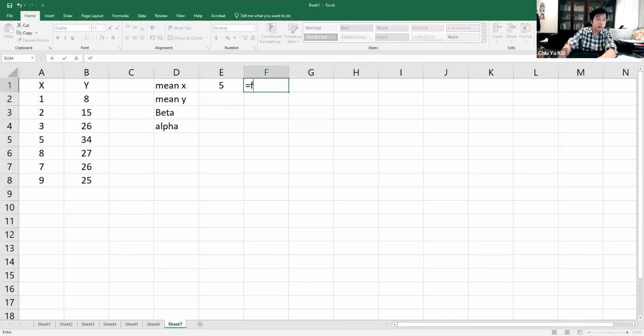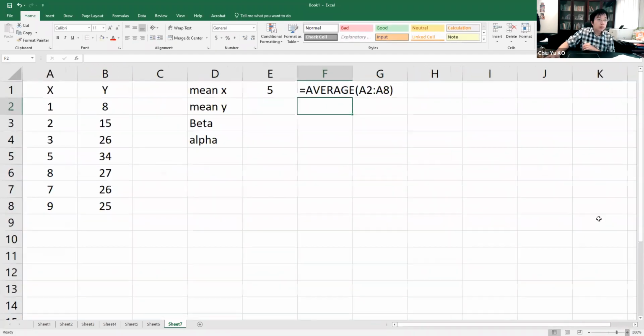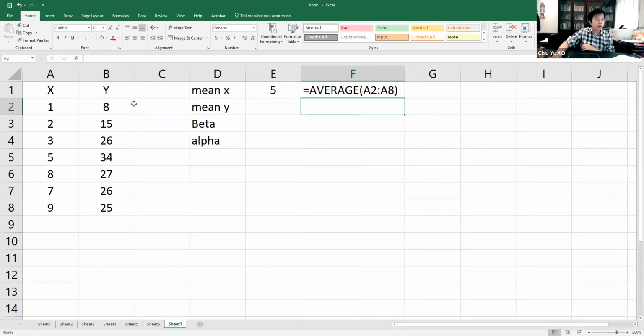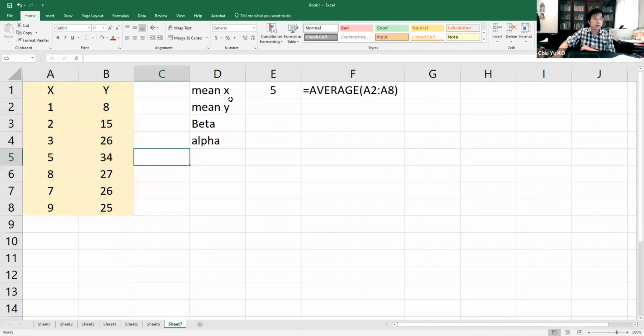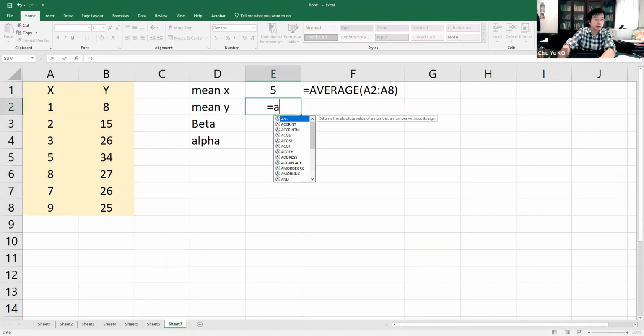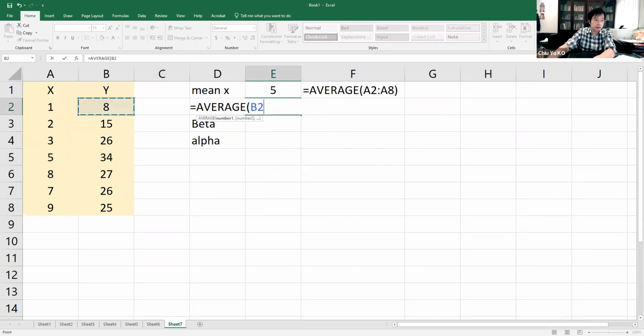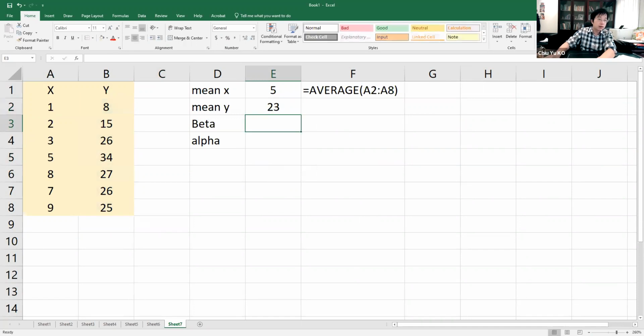Maybe I use the formula. I hope that's okay. Maybe I highlight the data by putting some color here. This is our calculation of the mean of x and the mean of y. I don't think that would be an issue for you. Up until now, you should be able to see how to calculate the mean of x and the mean of y.